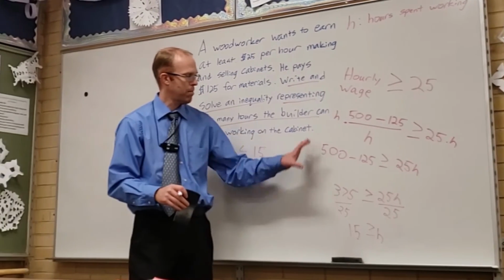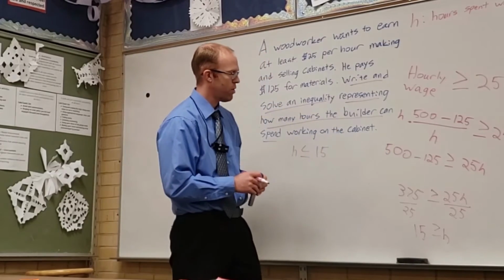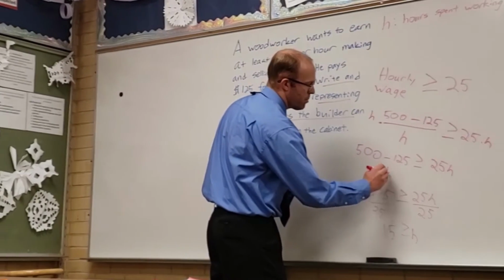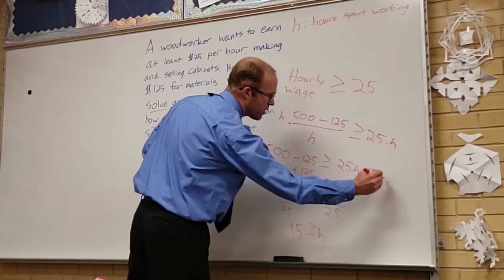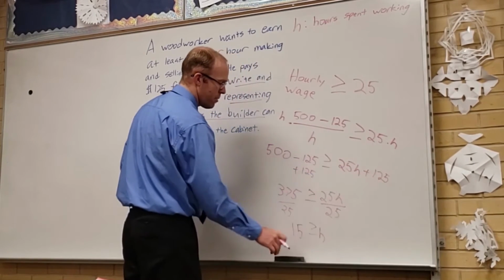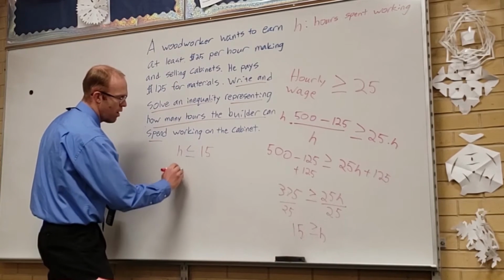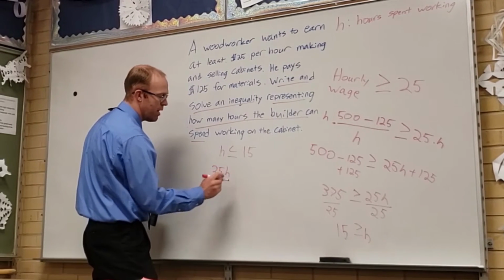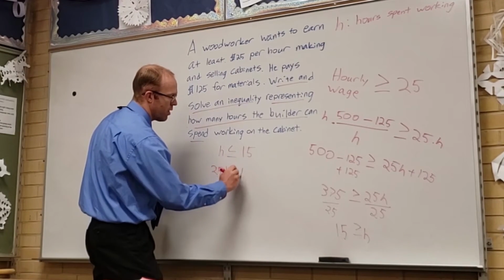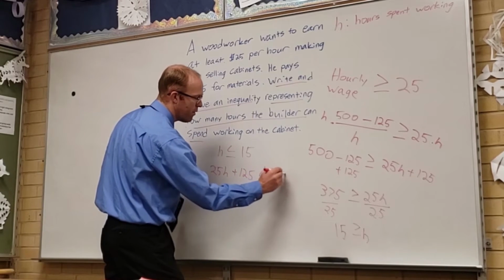Okay, now some people might think about this slightly differently. I'm going to go back to this original question right here. A lot of the time people like to think about this 125 as part of expenses and the hourly as part of the expenses, and so they'll end up with a thought like this, where your expenses, or the 25 times the H plus the 125, needs to be less than or equal to that 500.